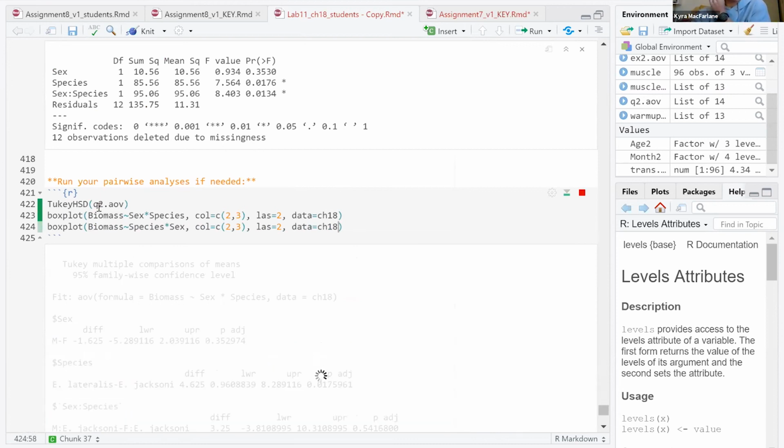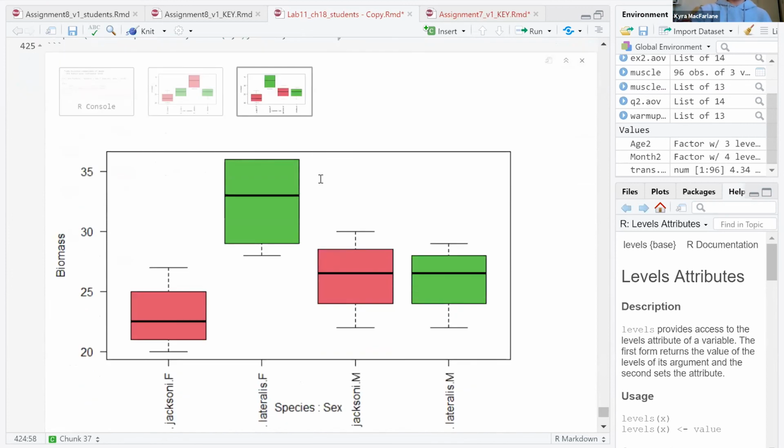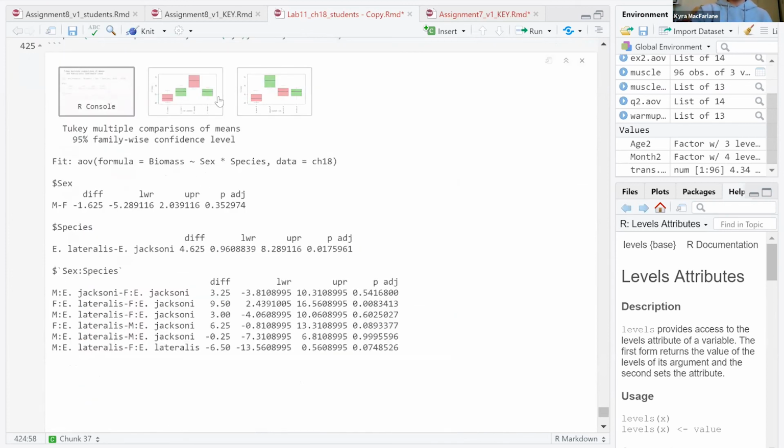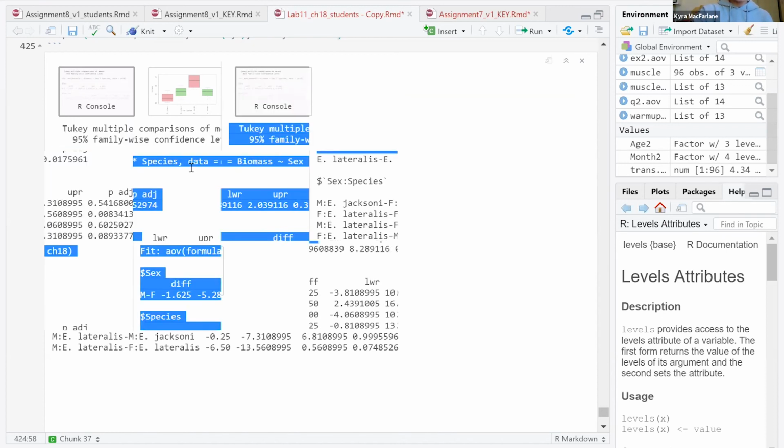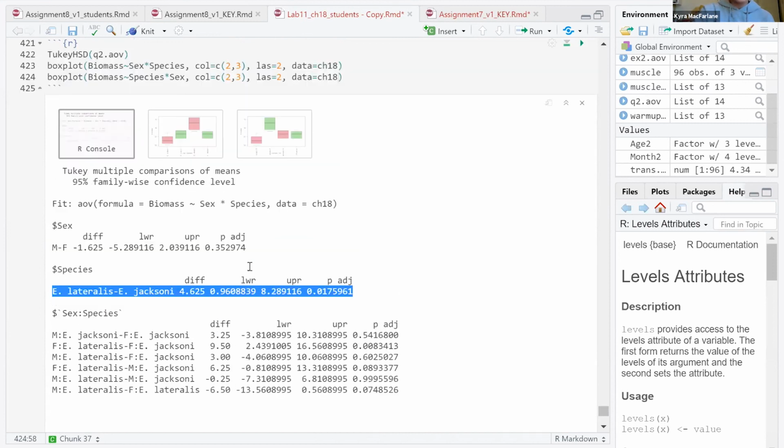So Control-Shift-Enter to run all of those together. So we see that between male and female, there is no significant difference in stomach content biomass. By species, there is a significant difference, and then we already know that there is an interaction.